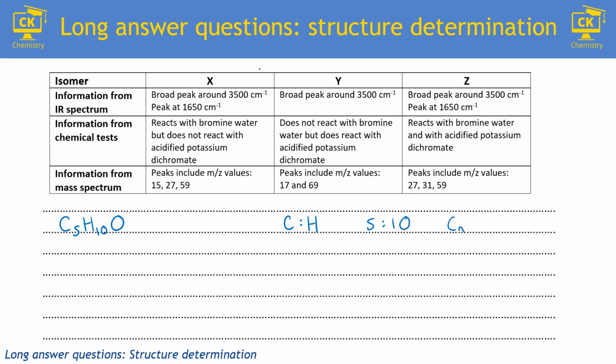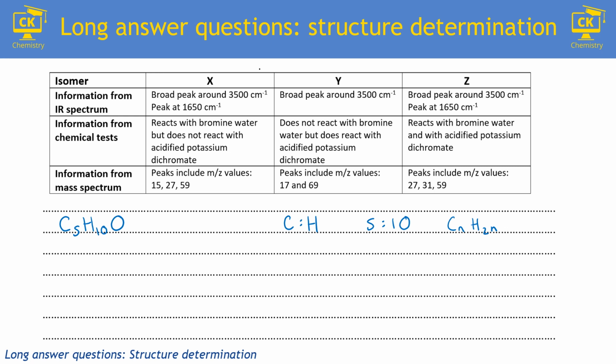So it is CnH2n. Now, if that was just a hydrocarbon, we would assume that it was an alkene. We can't always assume it's an alkene though, because any time I take two hydrogens off, what I'm doing is either making a double bond or joining two carbons together to make a ring.